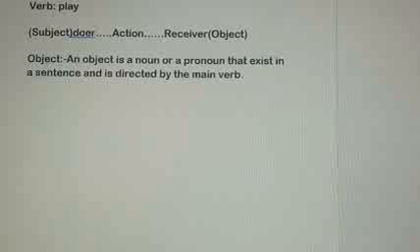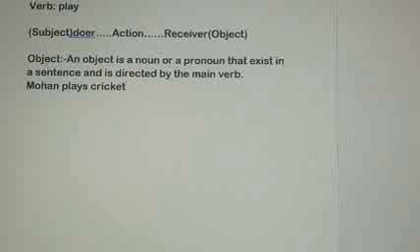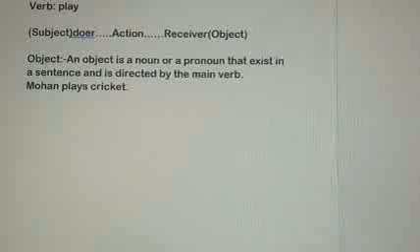Now, my dear students, the question comes over here. Suppose I am giving you an example, and after that I will ask you a question. The same example: Mohan plays cricket. In our previous examples, we have seen that Mohan was the subject, play is a verb, and cricket will be the object.